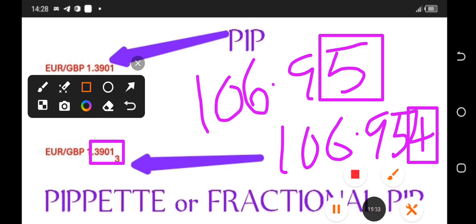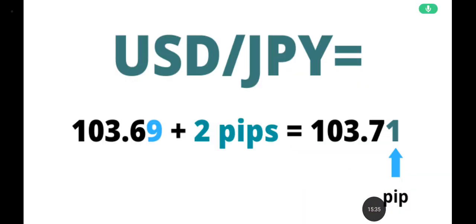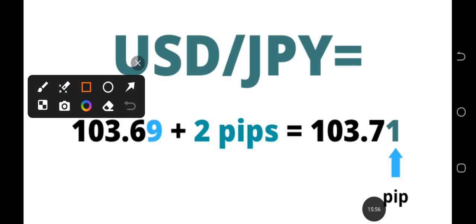All right, let's make progress. Here is another example to explain further the Japanese yen pair. This is US dollar against Japanese yen. Just like I've already explained, the Japanese yen will always have 2 digits after the decimal point.